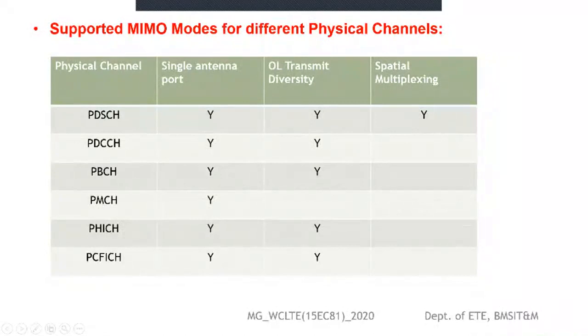The rest all support at least two. The physical control format indicator channel supports single antenna port and open loop transmit diversity, the physical hybrid ARQ indicator channel supports single and open loop transmit diversity, and the physical broadcast channel supports single antenna port and open loop transmit diversity. Only the physical downlink shared channel supports all three modes of MIMO.